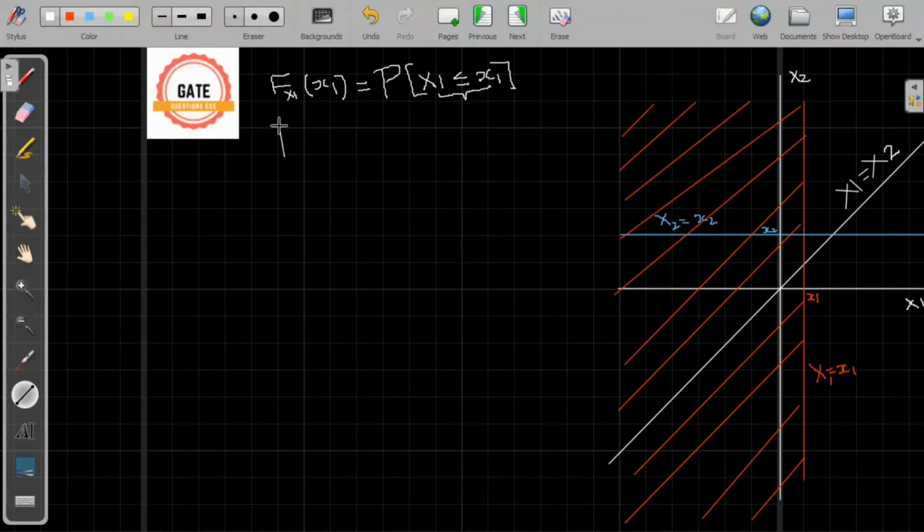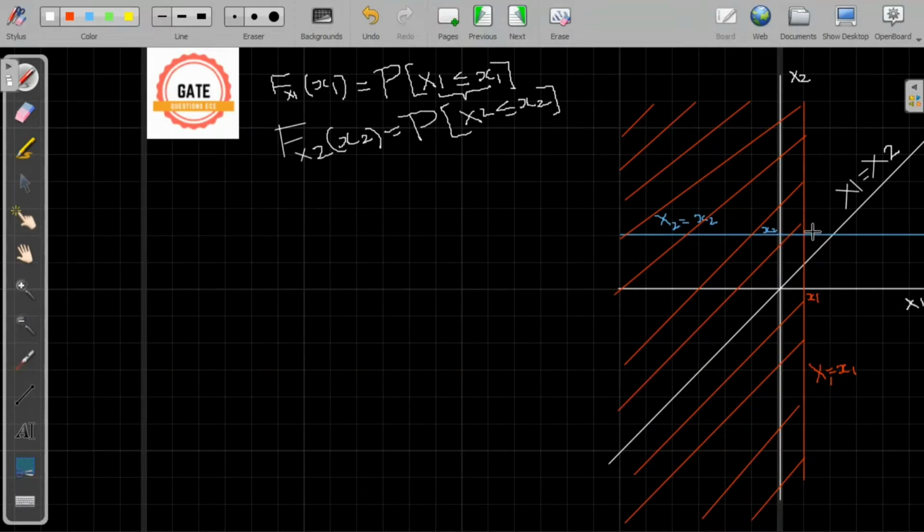Similarly, we can define the CDF for X2 for sample value x2. This will be equal to the probability that X2 is less than or equal to some sample value x2. Let's say on the X2 axis this value is small x2.